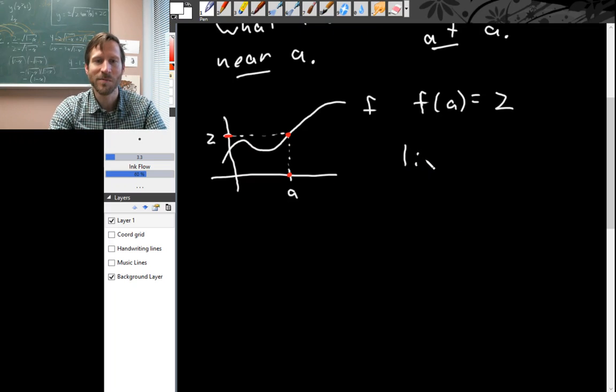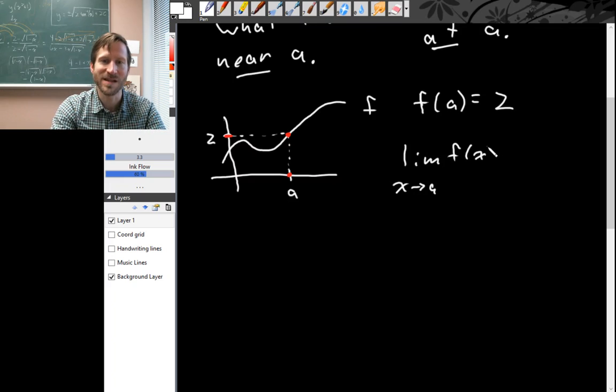Now let's find the limit as x goes to a of f of x. And this is what happens near the x value a. So we can start at some x values near a, say these two. These give us points on the graph, these blue points.